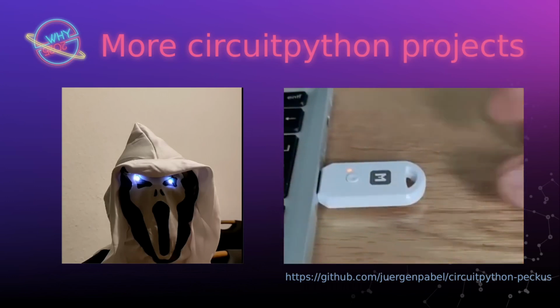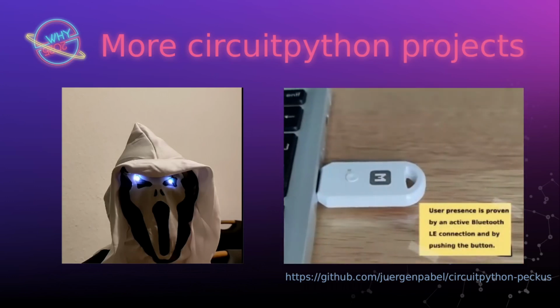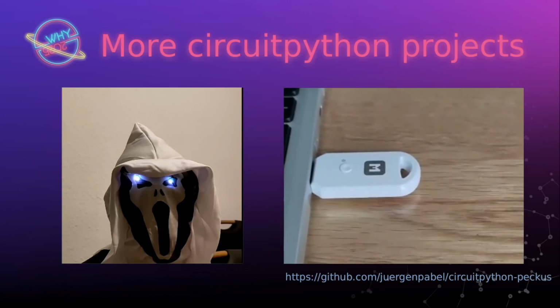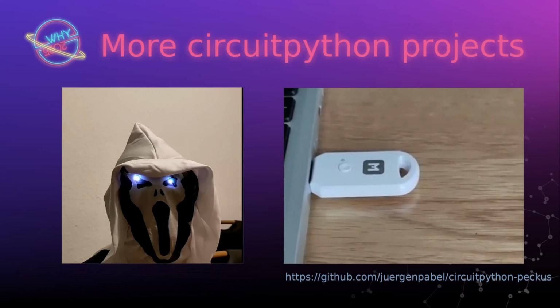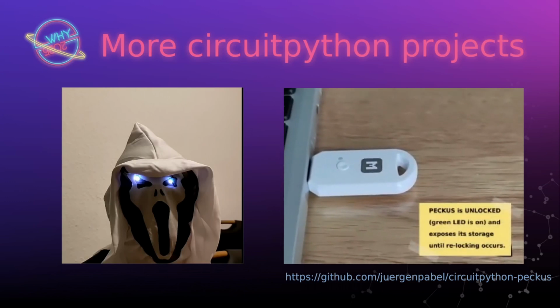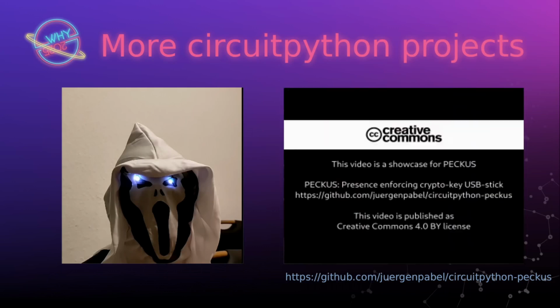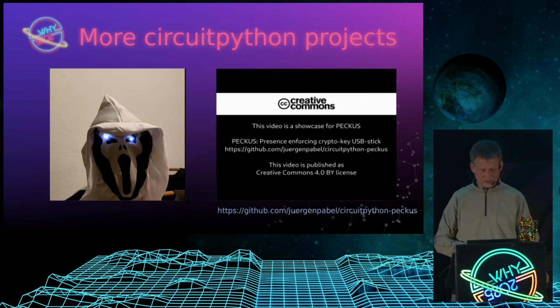If you push the button and have in the background established a Bluetooth LE connection, only then will it present its contents. So when it lights up green, it'll go back on, and you'll see the USB drive. So proof of presence, essentially, of the owner is the idea. That's completely finished, published.